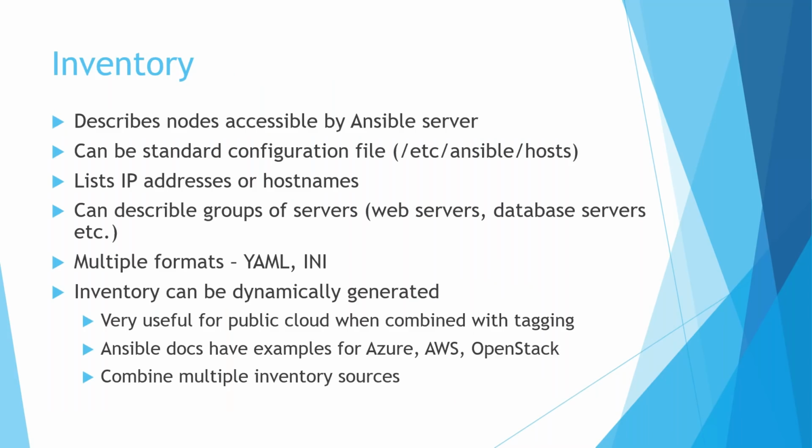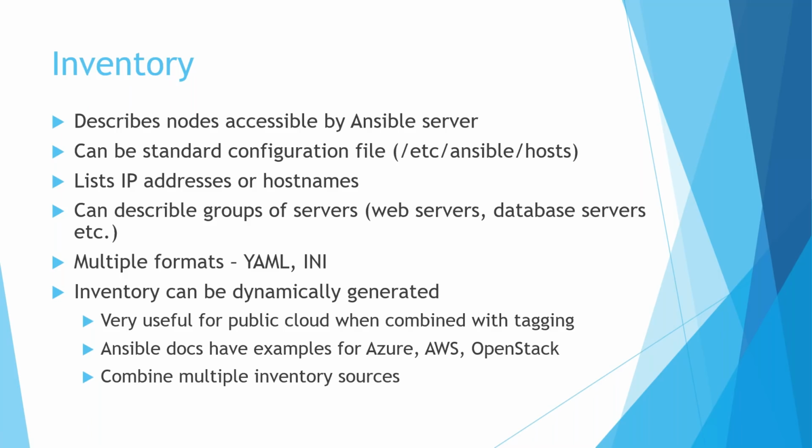Okay, so inventory. So this is basically the nodes or servers that are accessible to your Ansible server. And this can just be a configuration file. If you have a very static environment, where you have a certain amount of servers to manage and it doesn't change very often, it might be perfectly acceptable to just have a static file that lists the hosts that you want to manage.